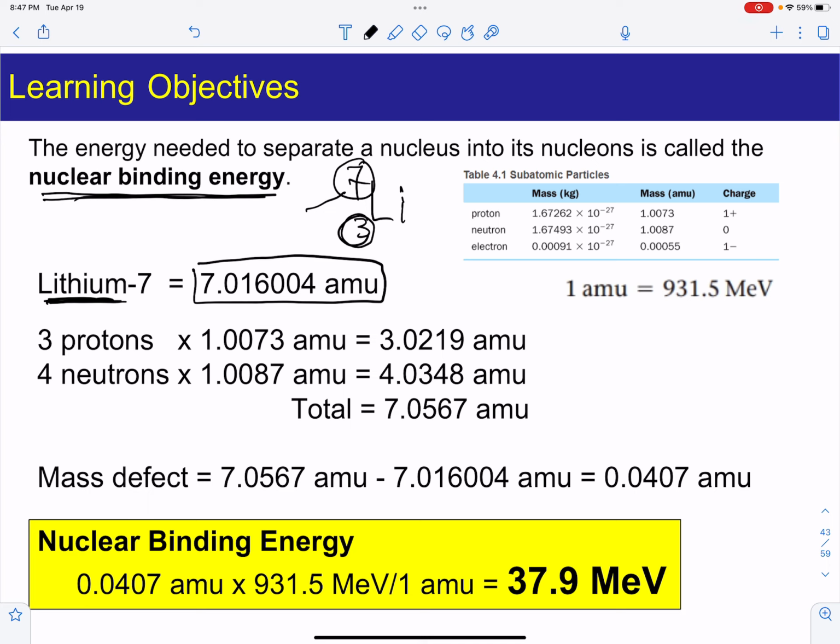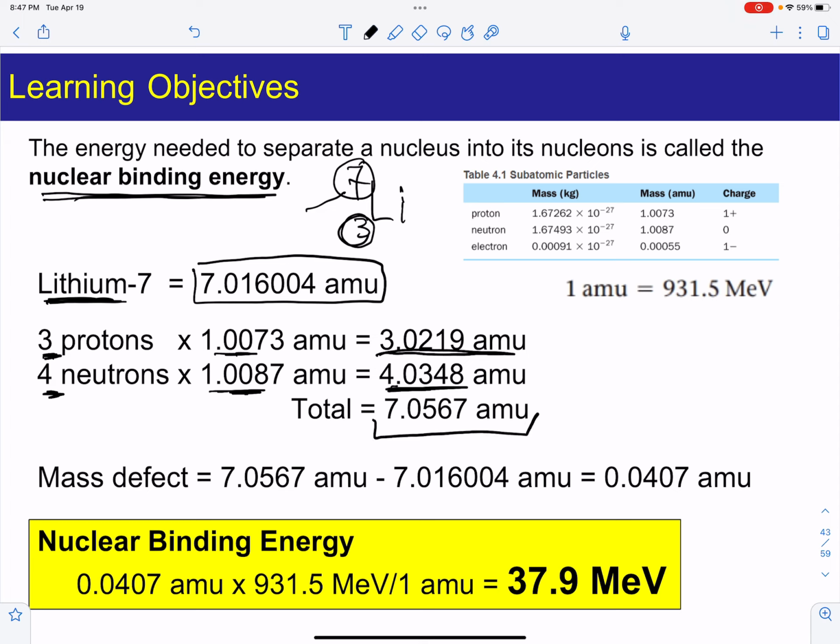So if I have 3 protons, and this is the mass of 1 proton, that's the total contribution for 1 atom of lithium-7. I'm going to have 4 neutrons, and this is the mass of the neutron, and this is the total contribution for the 4 neutrons. So the total mass of the nucleus is protons and neutrons, and that's what I'm going to get.